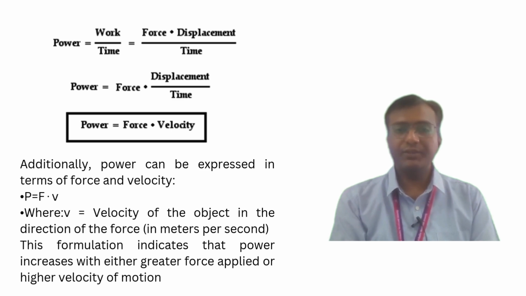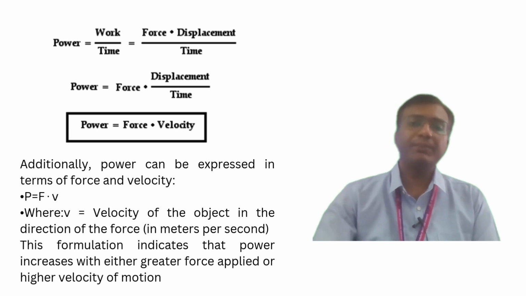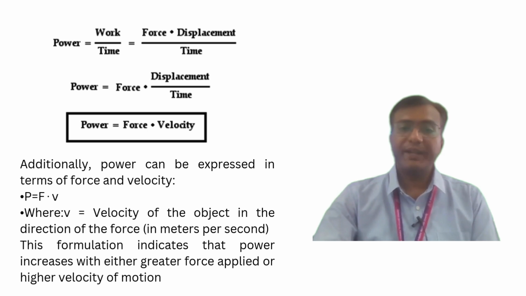It allows us to directly relate the force exerted by a system to the velocity it produces and the power it consumes or generates. It's also helpful because it gives us a way to analyze the instantaneous power. The equation P is equal to W by T gives us the average power.